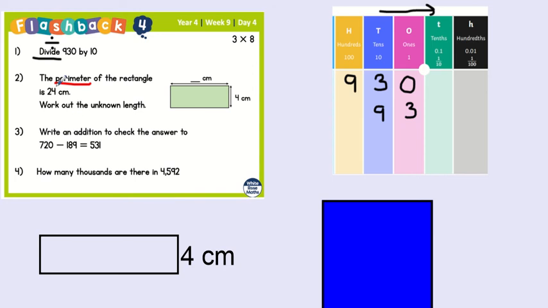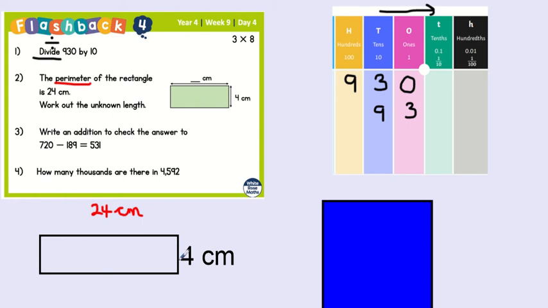Now you know that the total perimeter of the rectangle, so all the way around the outside, is 24 centimetres. And actually, what I'm going to do, year 5 and 6, I'm going to write that on the outside so that we don't get confused and start thinking that we're talking about area. We're talking about perimeter today.